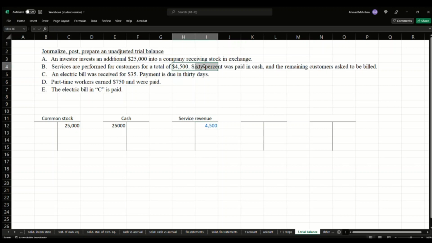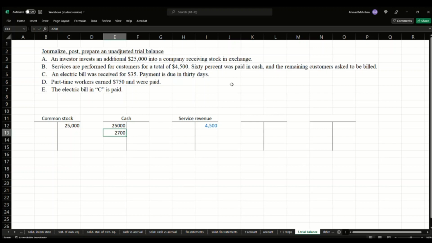Now, following that, we have the information that says that 60% was paid in cash, whereas the remaining 40% was billed to the customer. It means that he will pay it later. So paid in cash means we already have a cash account, right? 60% of 4,500 is 2,700, which we received in cash.